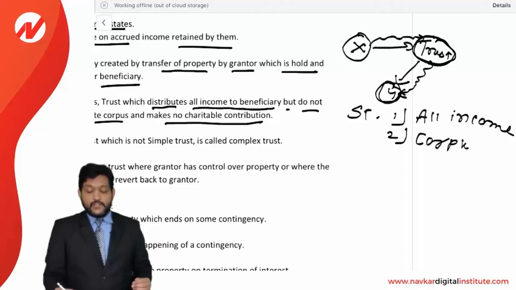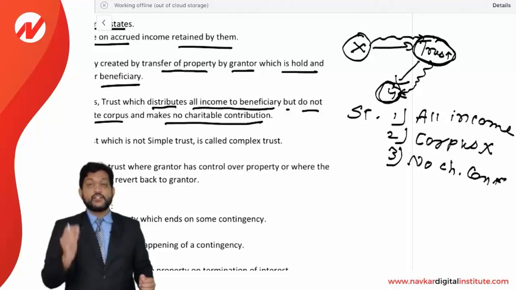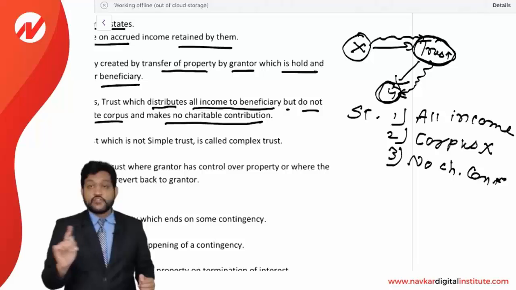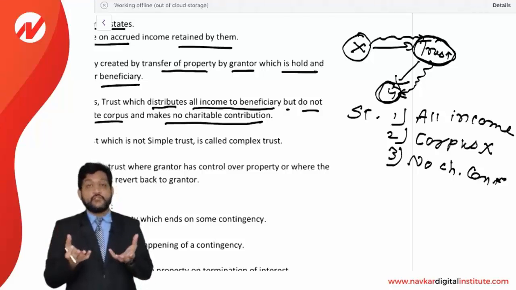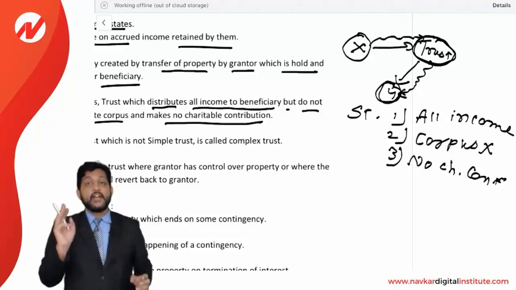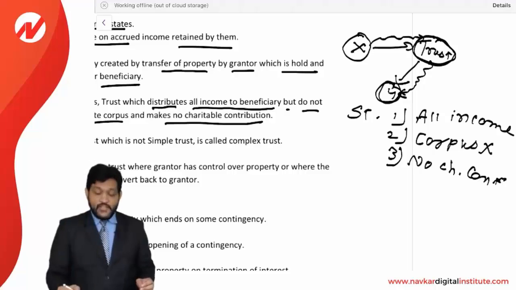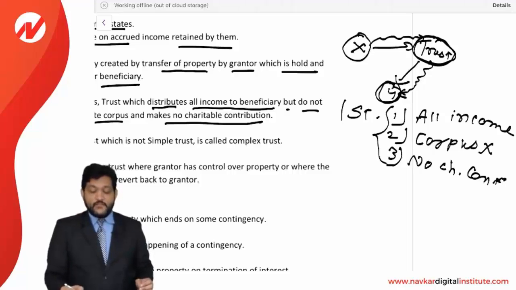Corpus means the fund they have accumulated; it is not to be distributed, only income will be distributed. And third, no charitable contribution. If all these three conditions are fulfilled, then it is called a simple trust.